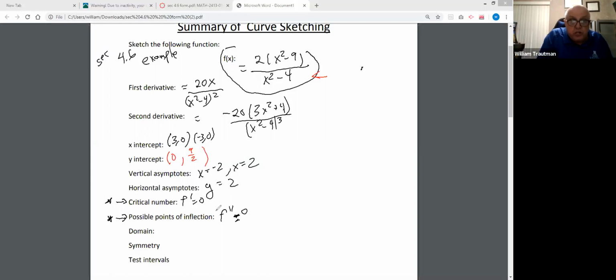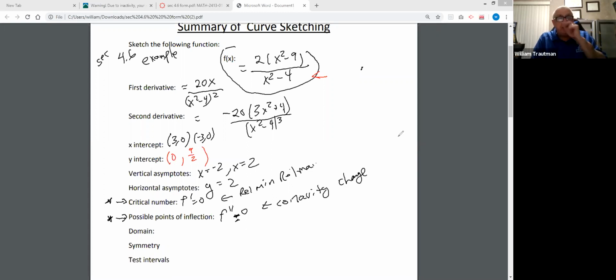So critical numbers are where the slope equals 0, relative minimums or relative maximums. Inflection points are where concavity changes from concave up to concave down.